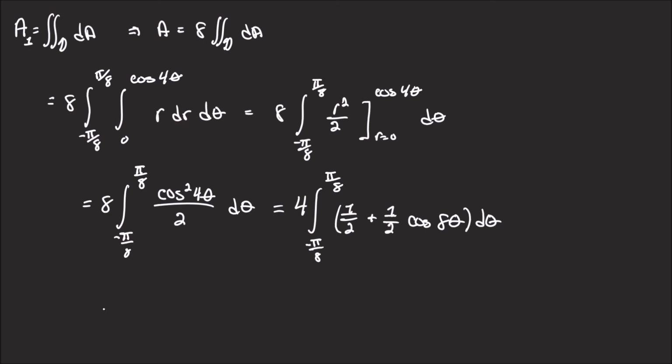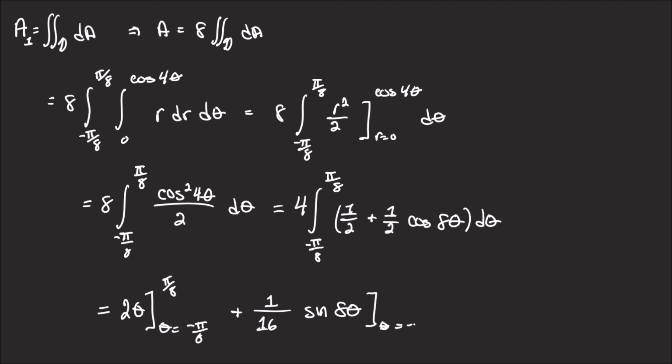So integrating this, we'll get 2 theta from minus pi over 8 to pi over 8 plus 1 over 16 times sine of 8 theta from negative pi over 8 to pi over 8.